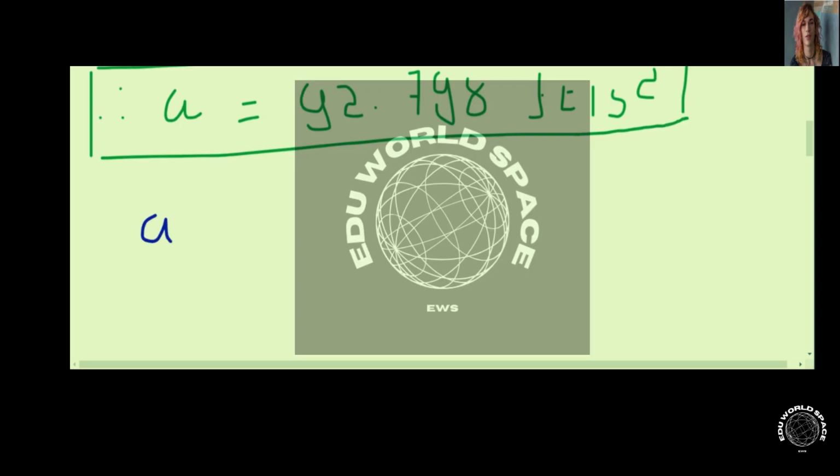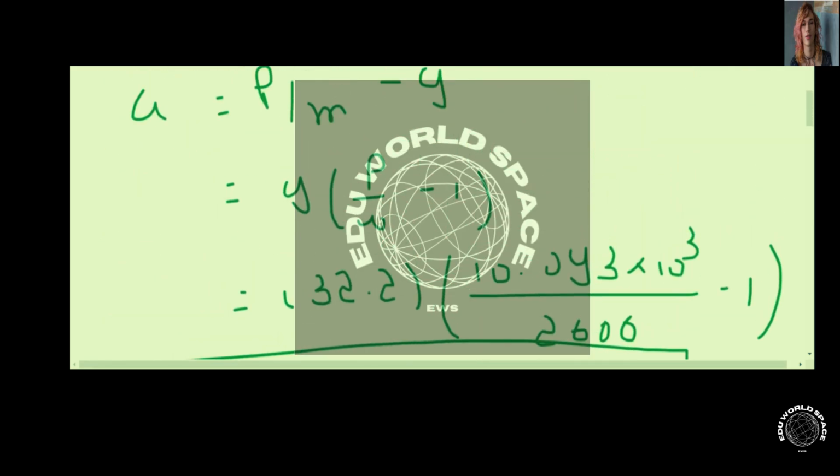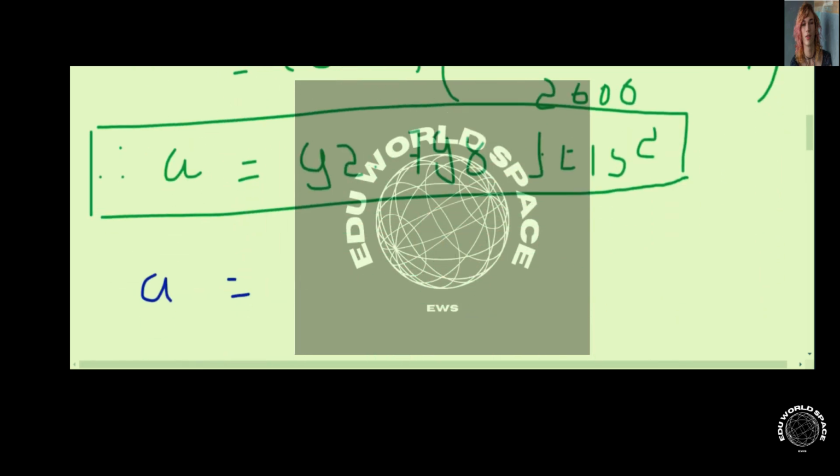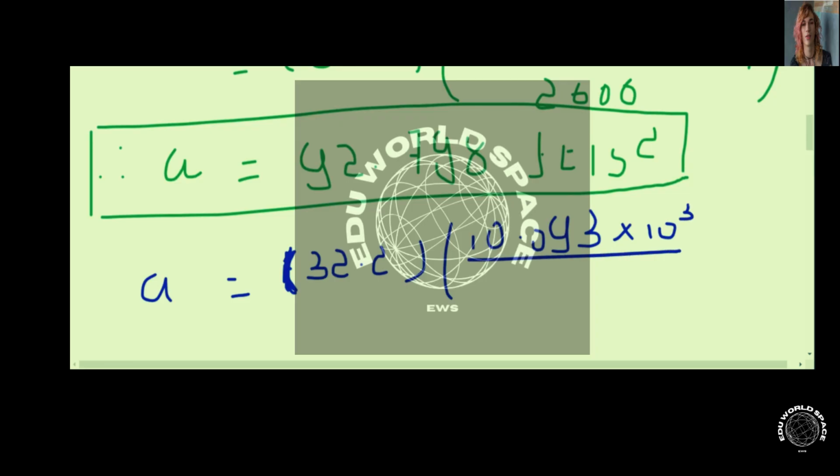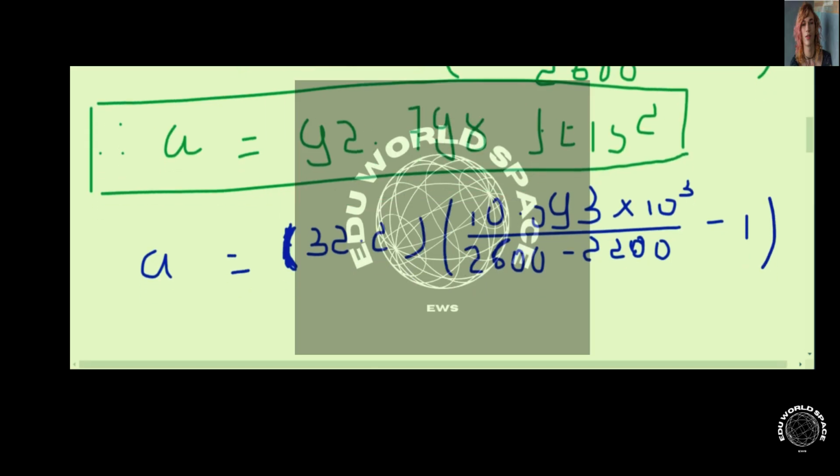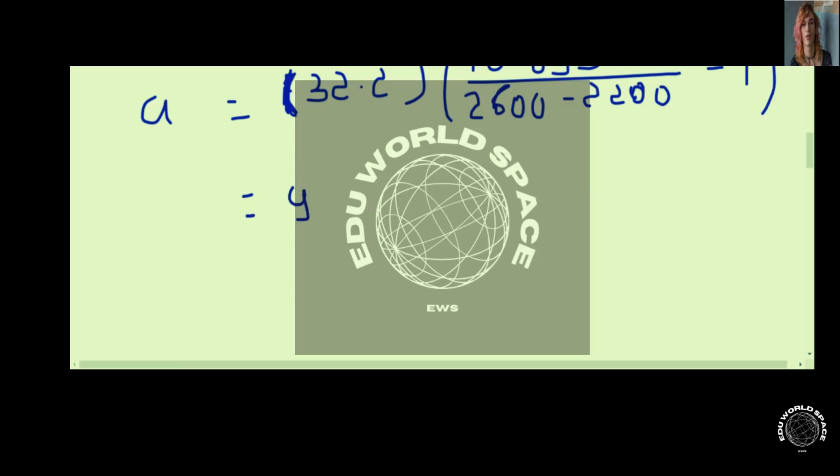In that case, we can calculate the acceleration A by using the same formula here: 32.2 into (10.093 into 10 to the power 3 upon 2600 minus 2200, minus 1), which is equal to 92.798 feet per second square.